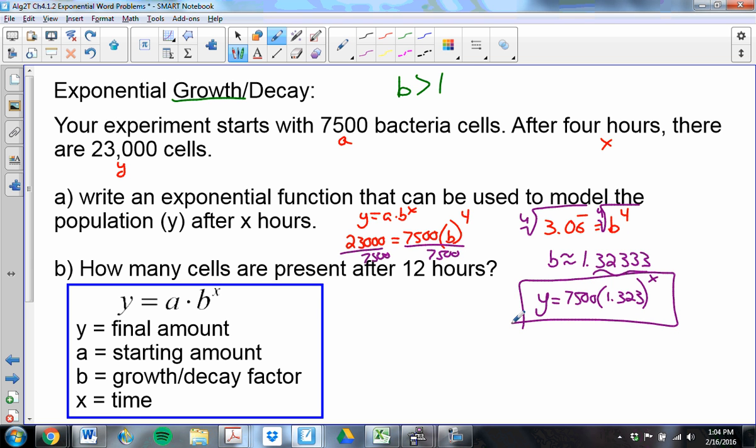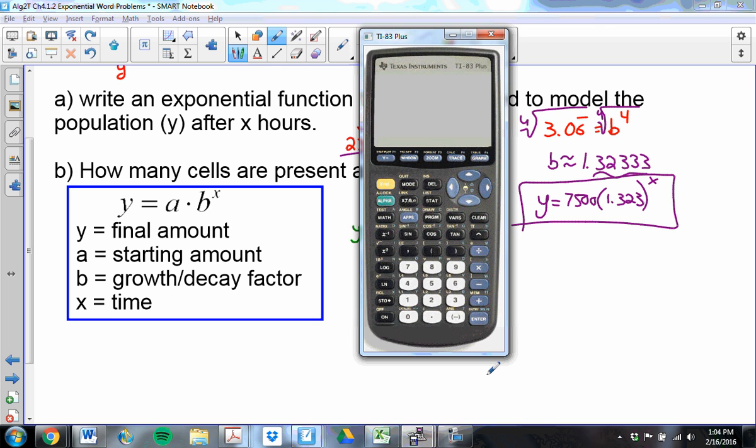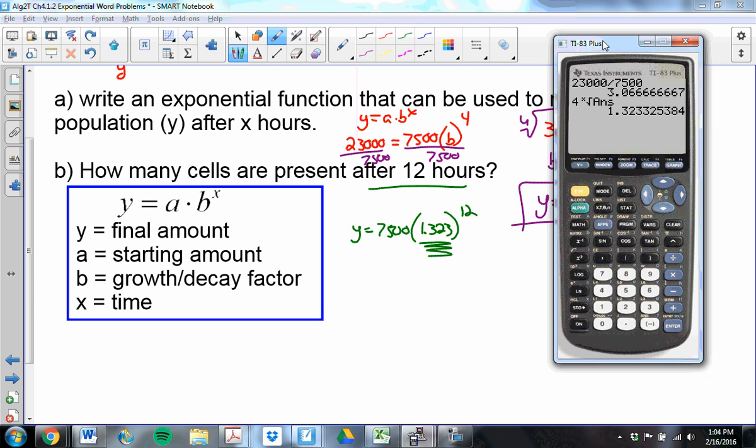And so I knew how much there was after 4 hours. How much is there after 12 hours? Well, I can just take this equation, I'm answering this question, and have y equals 7,500 times 1.323 to the 12th. But again, even though I wrote 1.323, in my calculator, I'm going to keep using this whole stored value, because it's the most accurate version.